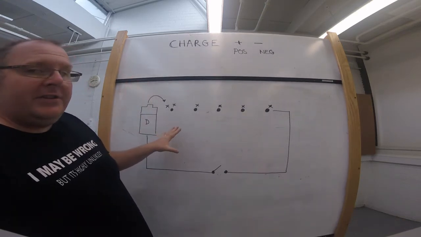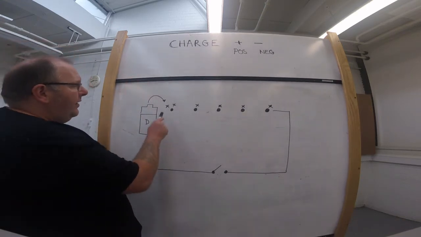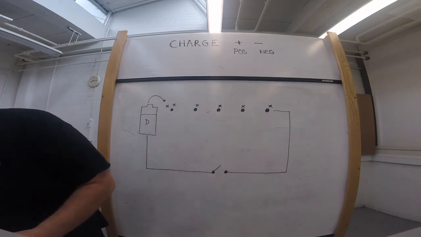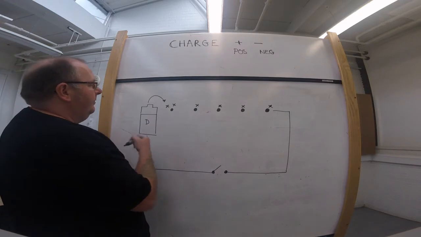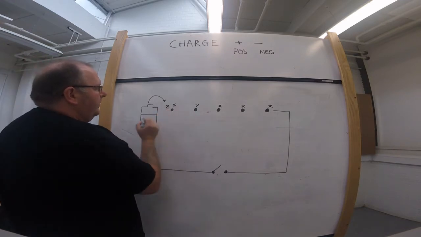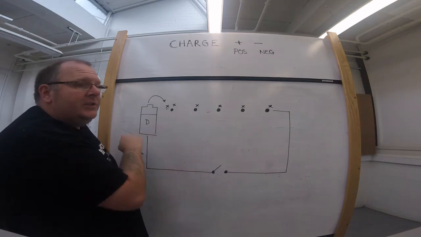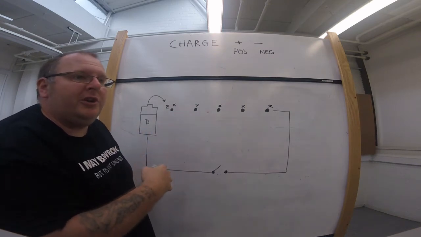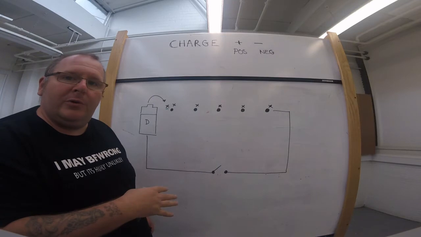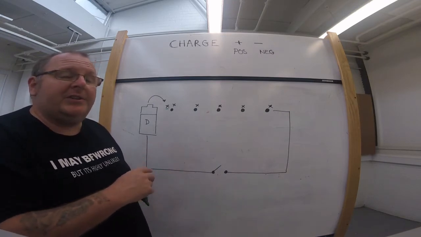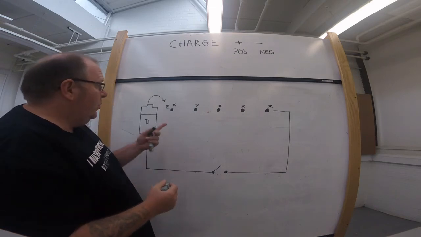So, if we go back to this little drawing, what I've done is, I have introduced another electron here. This atom wants to be neutral. It doesn't want to have an overall charge that's either negative or positive. It wants to have the same number of electrons as it does protons. So what does it do?